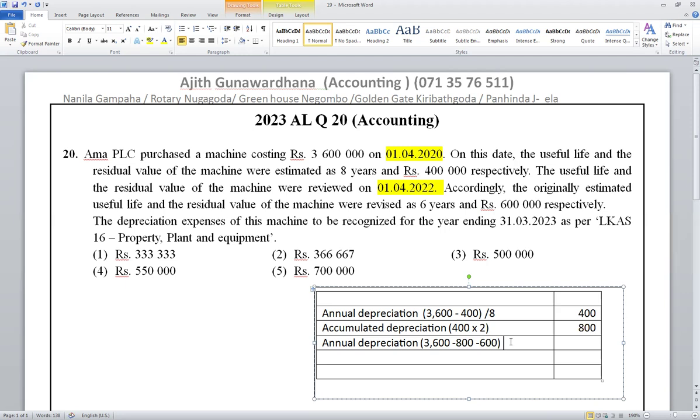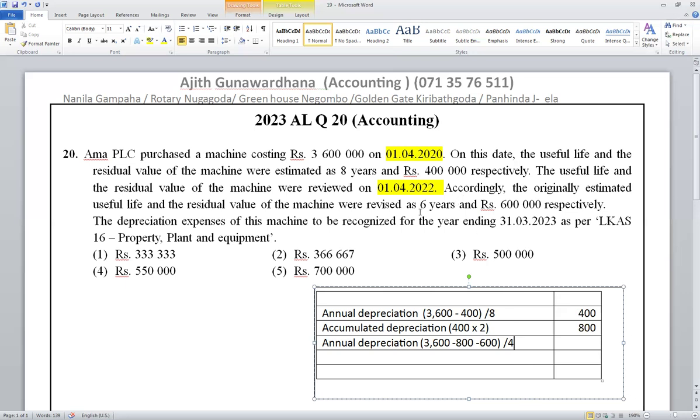Now divide by the remaining useful lifetime. You have to consider that up to the beginning of the year, the asset has already been used for 2 years. The original estimated useful lifetime is given as 6 years, but the asset has already been used 2 years. Therefore, as the remaining useful lifetime you have to consider 4 years, not 6 years.